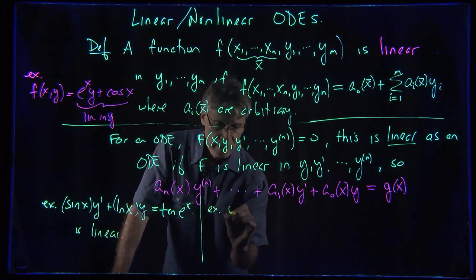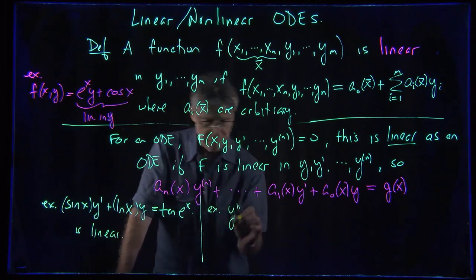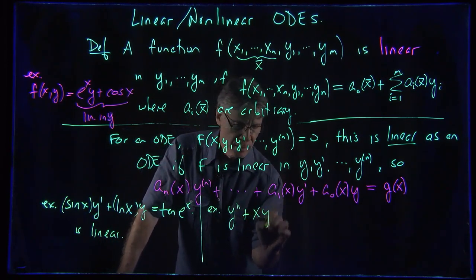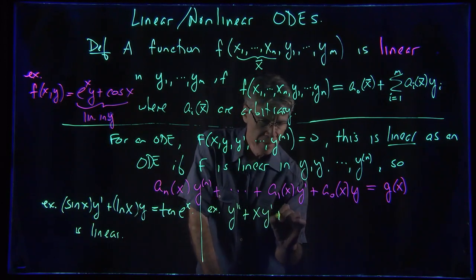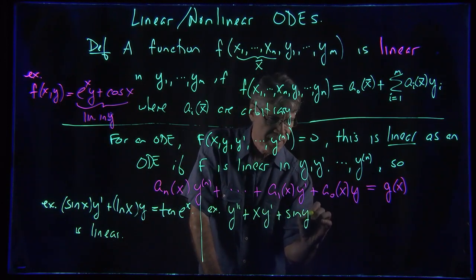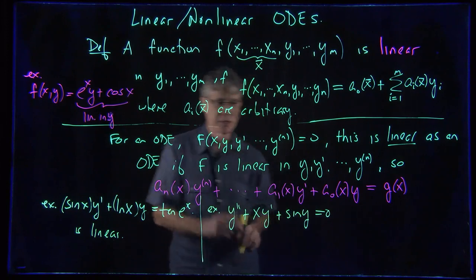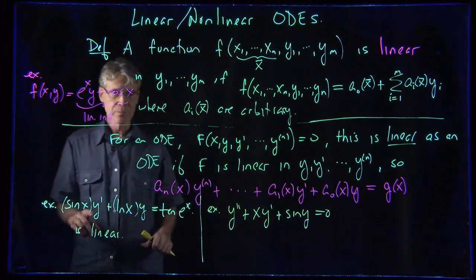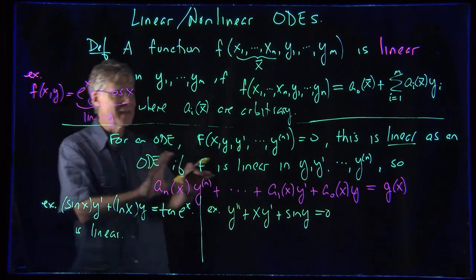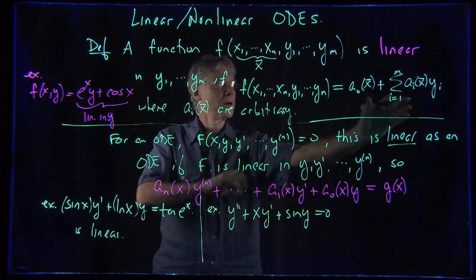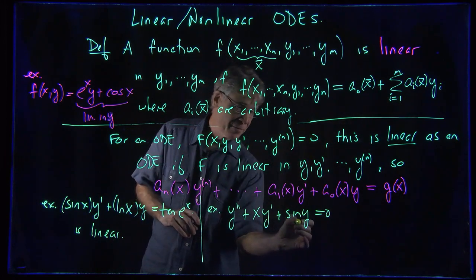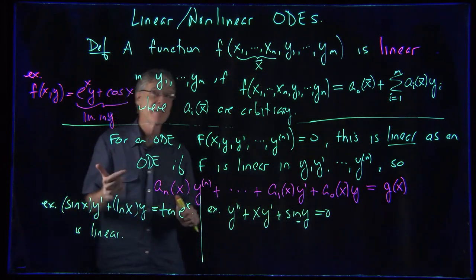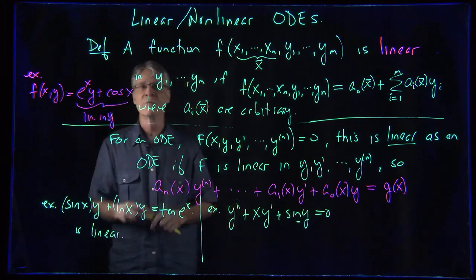Here's another. Y double prime, this one's a little bit easier to see, plus x y prime plus sine y equals 0. This kind of looks like it's in this form, except for this part here, the sine of the dependent variable, the unknown function.